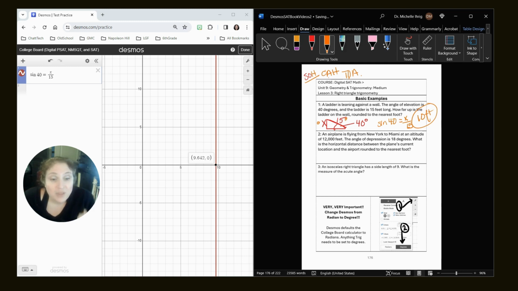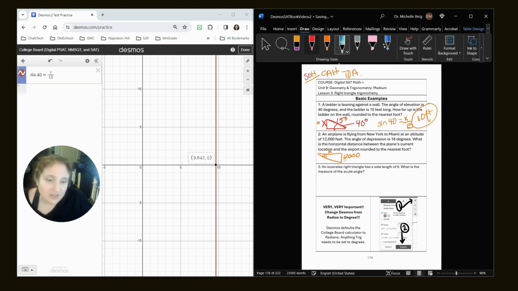All right, next one. An airplane is flying from New York to Miami at an altitude of 12,000 feet. The angle of depression is 18 degrees. So this is 18, and it's flying at an altitude of 12,000. What is the horizontal distance between the plane's current location and the airport? We just need that, because it says horizontal distance. Based on this angle, there's a lot of ways you could draw the picture. This way works. It's accurate.